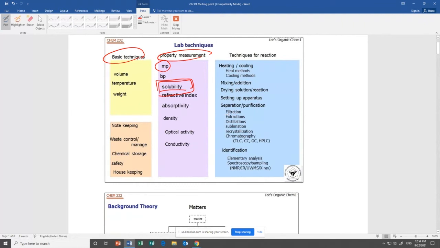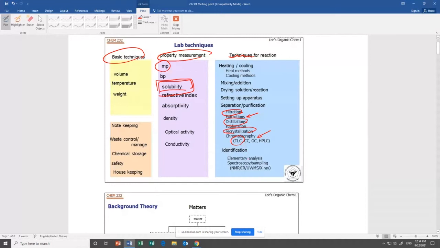We have done different types of filtration for the essential techniques, and we did distillation. We have done recrystallization, right? And we'll be doing extraction pretty soon. And then the midpoint of the semester, chromatography.